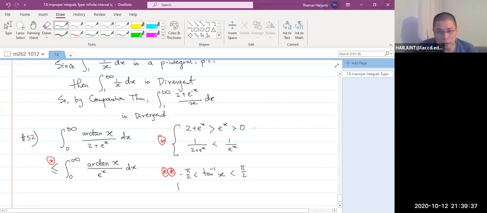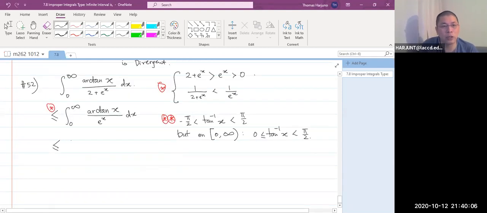Okay, but on the interval 0 to infinity, tangent inverse x is from 0 to pi over 2. So it is positive. It's non-negative, okay, bounded above. So I can say now that this guy is less than or equal to the integral from 0 to infinity of pi over 2 over e to the x dx.